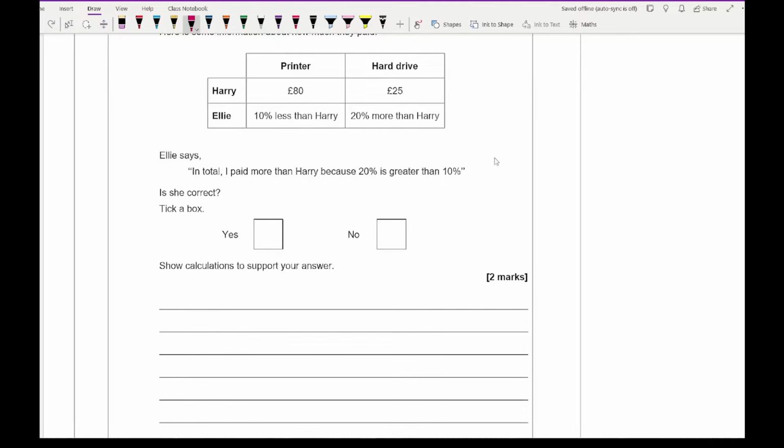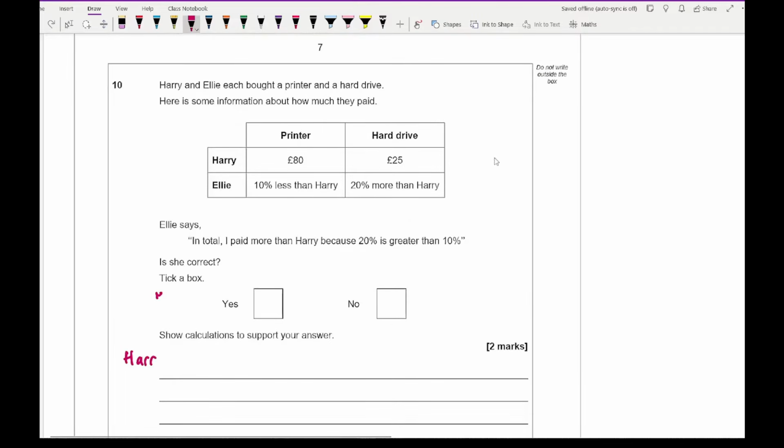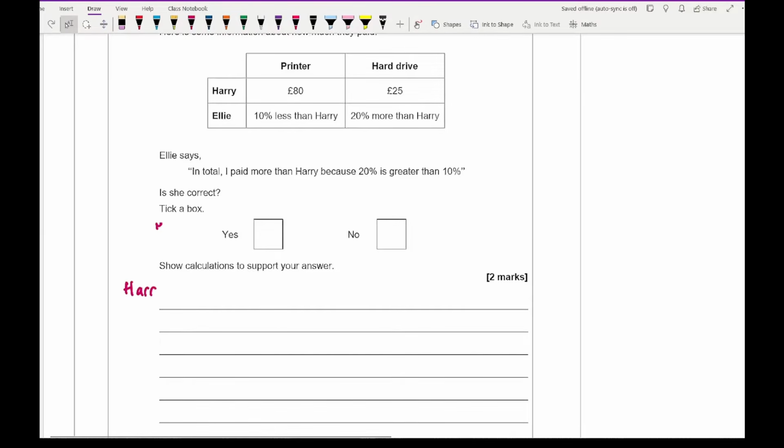So let's first of all look at how much Harry spent. Harry spent £80 plus £25, which is £105.